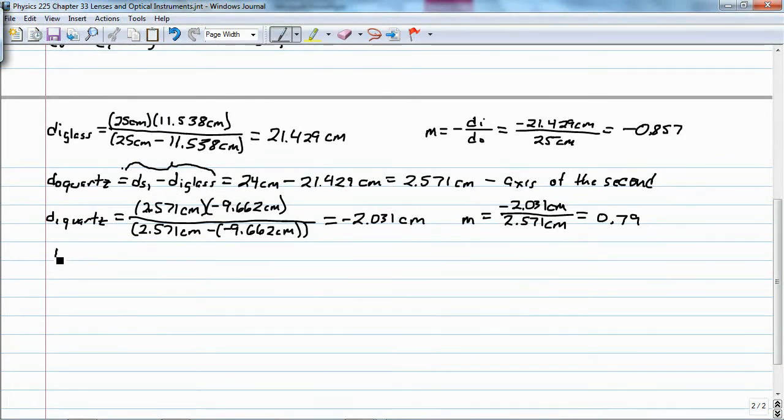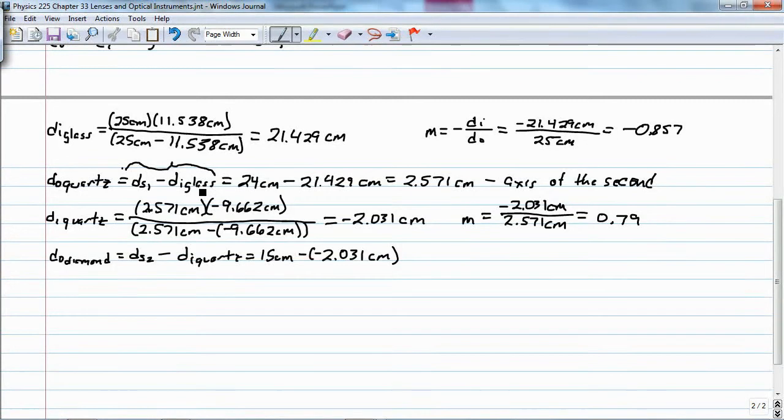Now I can calculate my object distance for the diamond. And again, that's going to be the distance between the axis of lens 2 and 3 minus the image distance of the quartz, and this is 15 centimeters minus a negative 2.031 centimeters.